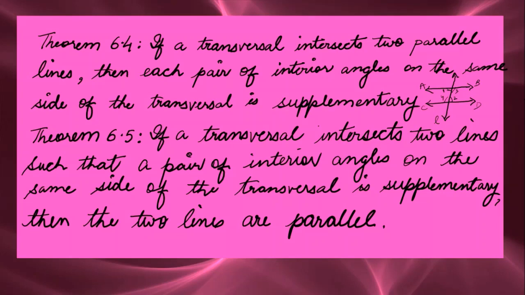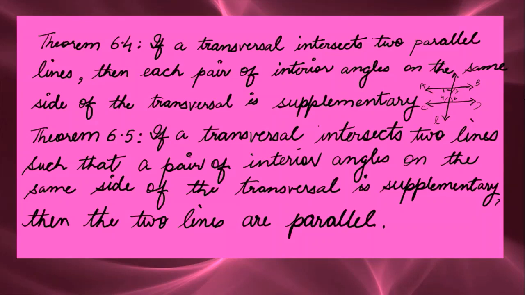The interior angles on the same side are angle 1 and 4, and the other pair is 2 and 3. So interior angles on the same side of the transversal are supplementary.